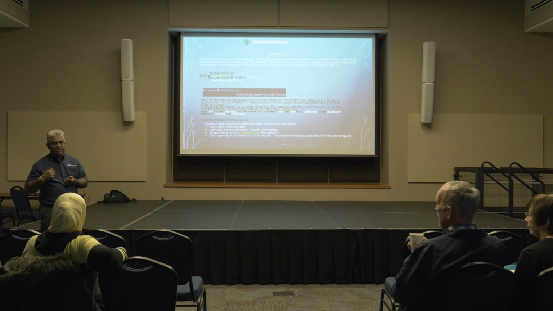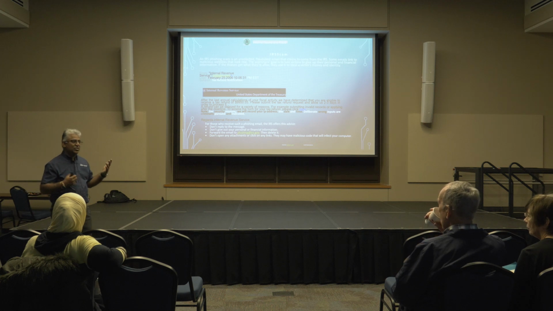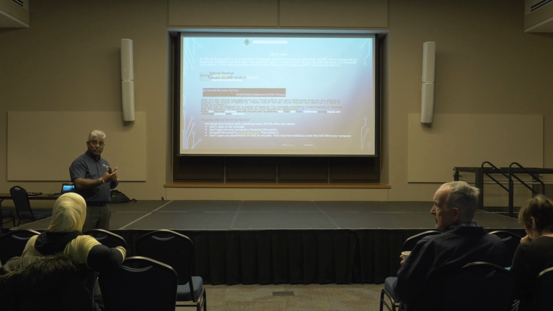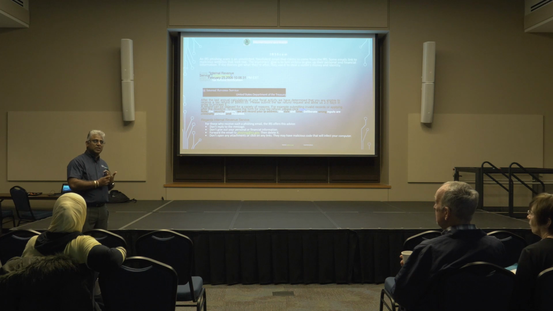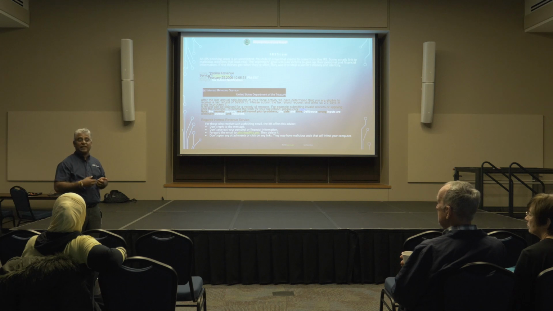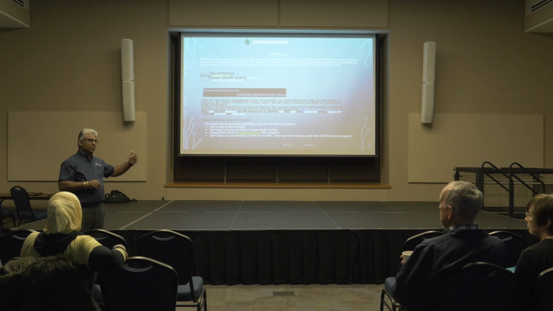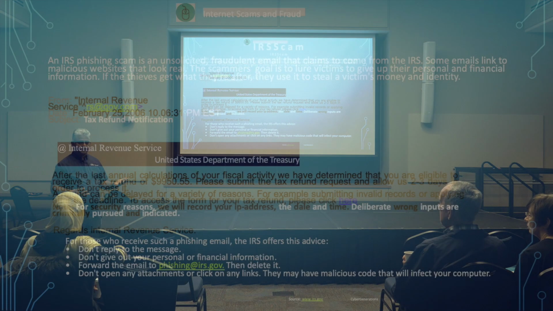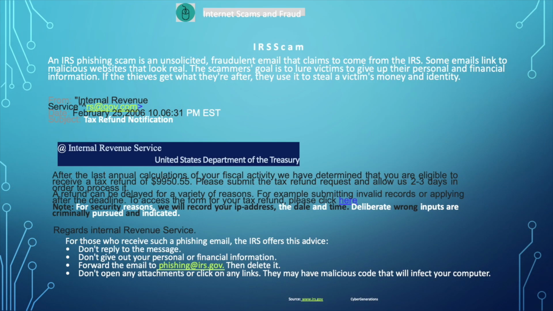Sometimes you get the phone calls, because cyber attack is not just based on the internet. You also get them over the phone. So sometimes you'll get one from the warrant office saying that there's a warrant for your arrest, or you owe something to somebody. Give us your information, we'll process it. Very common.